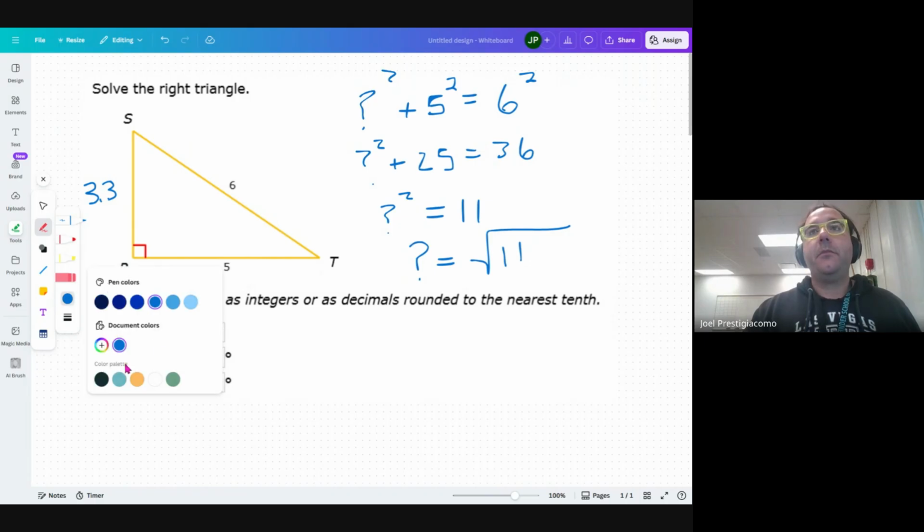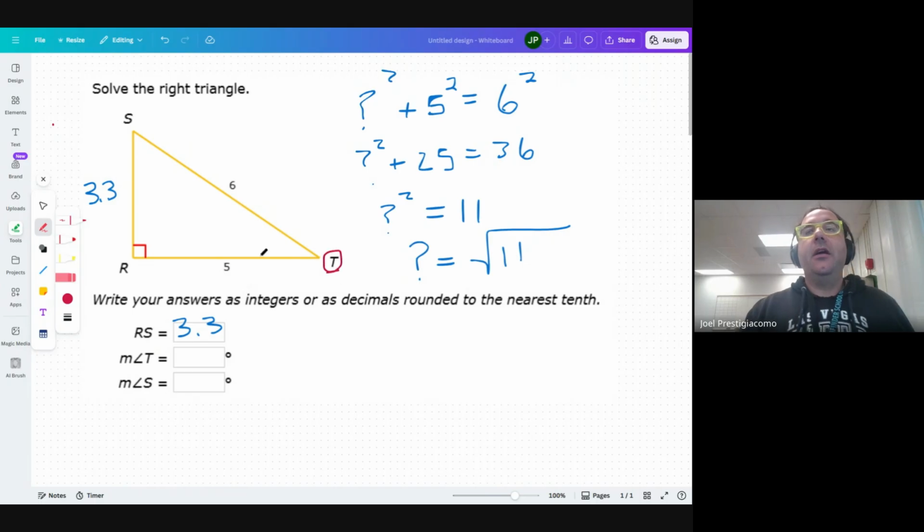So let me switch my color here. So angle T is down here. To find angle T, I'm going to use sides 5 and 6. So again, we're going to need to use SOHCAHTOA. I'm going to write this up here at the top, SOHCAHTOA. Based off of angle T, 6 is the hypotenuse, 5 is the adjacent side.